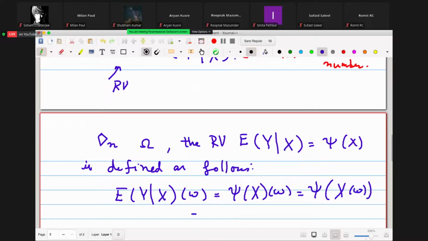You can call X(omega) little x if you like. The moment I write X(omega), it's a real number, so this is like a little x. This is by definition the expectation of Y given that X is equal to X(omega).